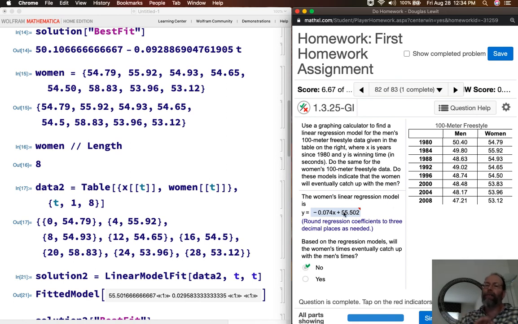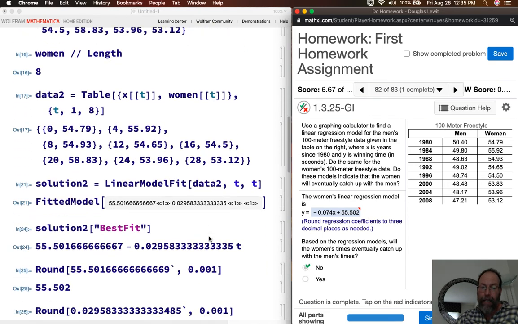And again, guys, I really maintain that this is a little bit of a mistake with Pearson, because according to Pearson, the equation of the regression model is 55.502 minus 0.074x.